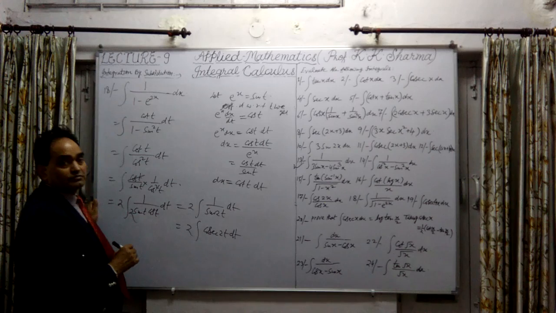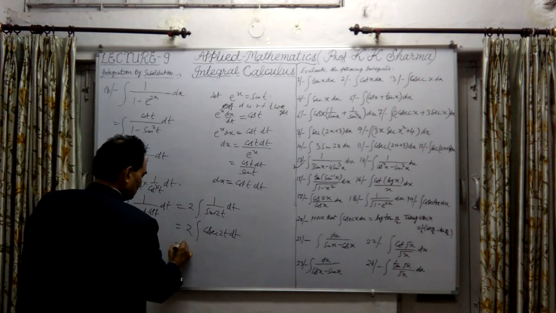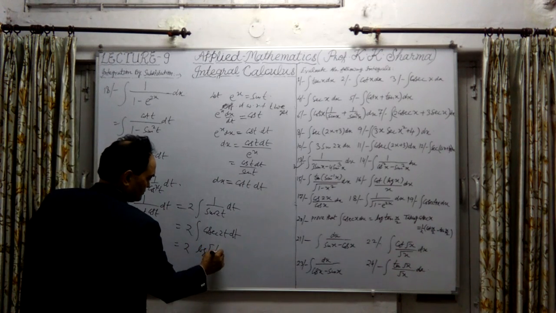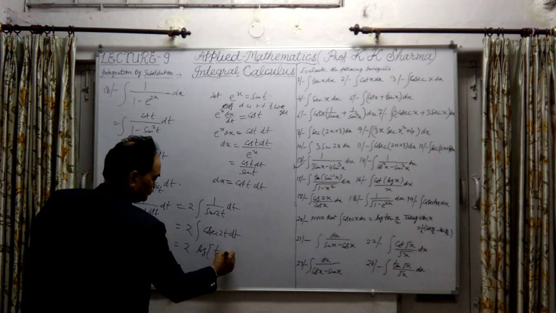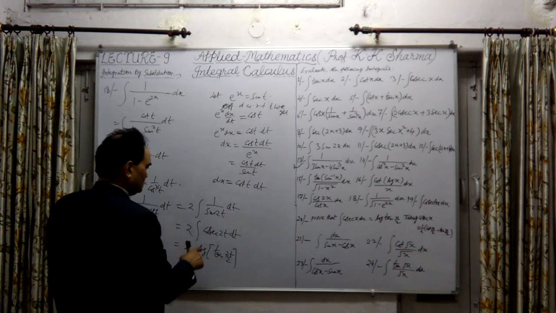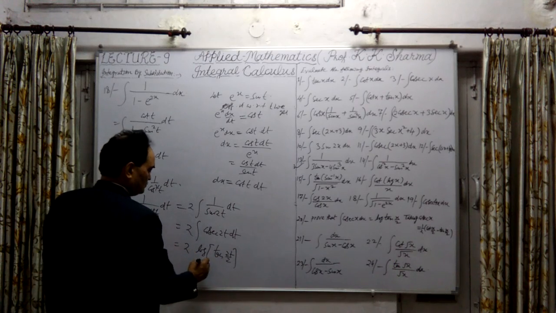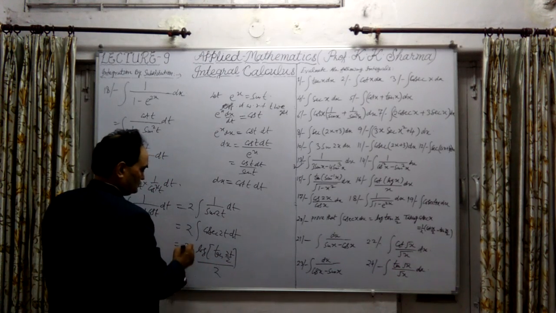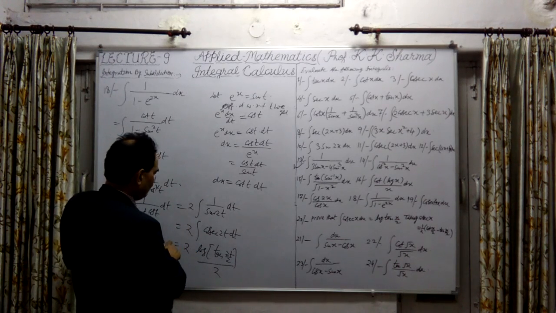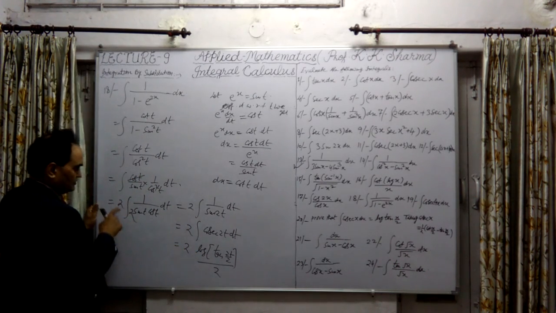Now it can be integrated. What is the integration of cosec 2t? It is log of tan t, that means tan of 2t by 2. This is further divided by 2, and this 2 cancels out, because this 2 was already here. We have multiplied and divided by 2.